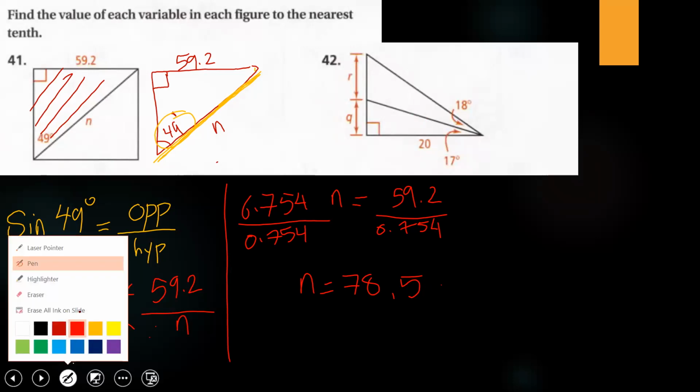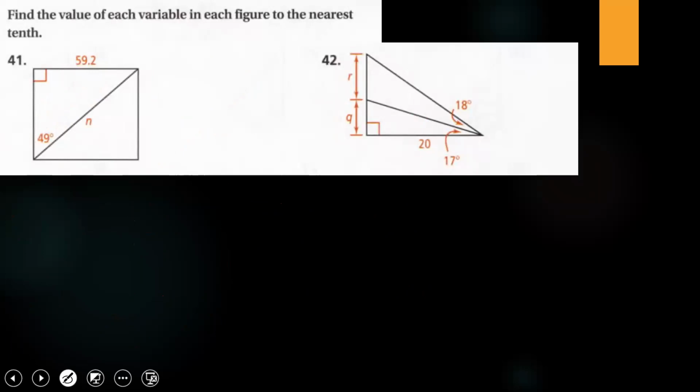Okay. Now, let's solve number 42. In number 42 here, we have to find R and Q. Now, as you see, look at this small triangle here.